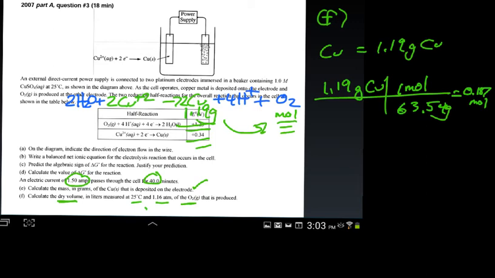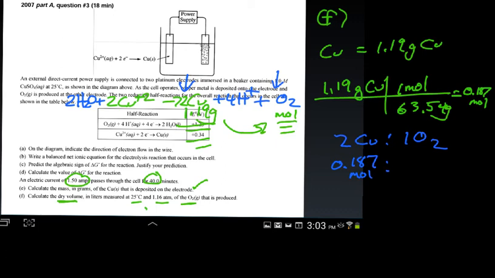And then if we look at the mole ratio in our balanced equation, there were 2 coppers right here for every 1 of those oxygens. So if 2 coppers results in every 1 oxygen according to the balanced equation, then if I have 0.187 moles of this stuff, it'll result in half of that.